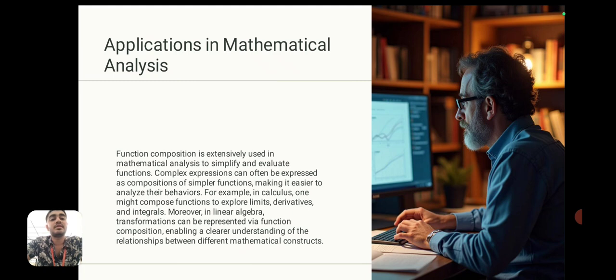For example, in calculus we might compose functions to explore limits, derivatives, and integrals. Moreover, in linear algebra, transformations can be represented via function composition, enabling a clearer understanding of the relationships between different mathematical constructs.